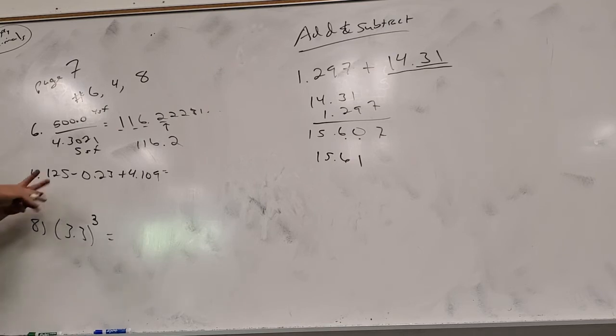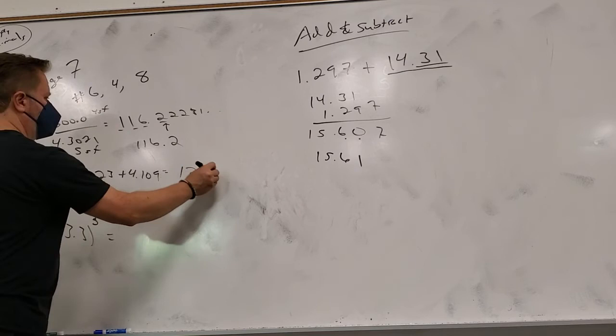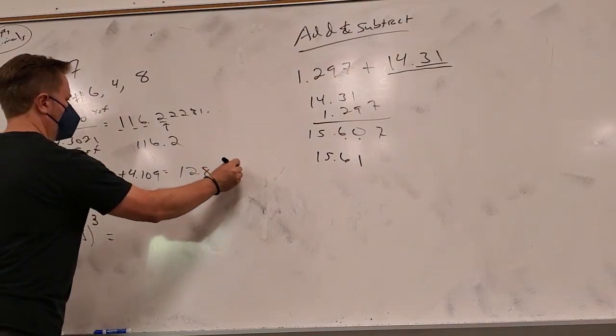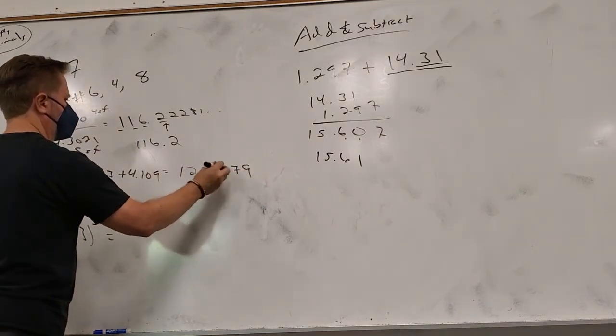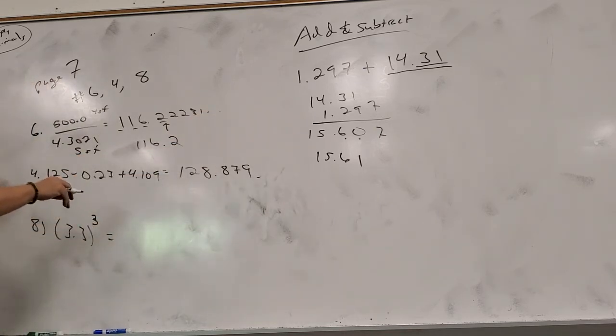All right, this one, when you just do it in the calculator, what do you get? 128.879. In this case, it's all subtraction and addition, so it's the decimal places that matter.